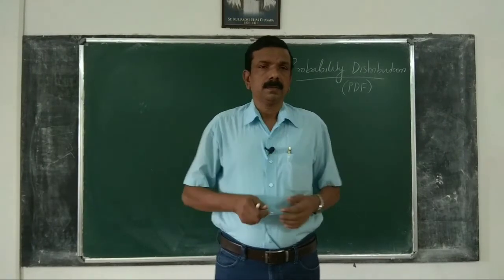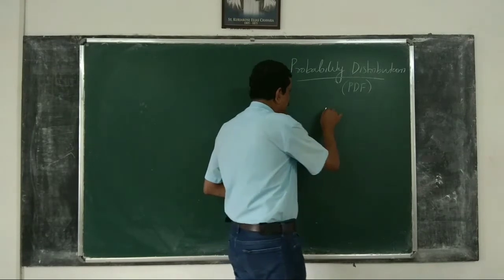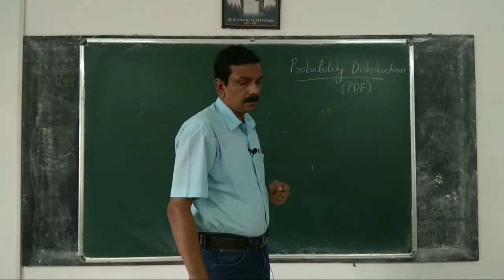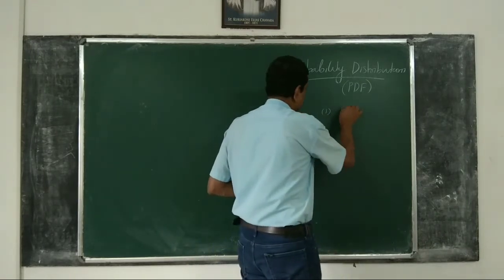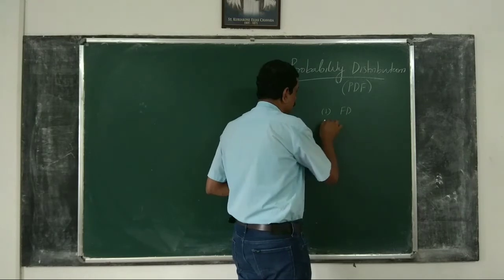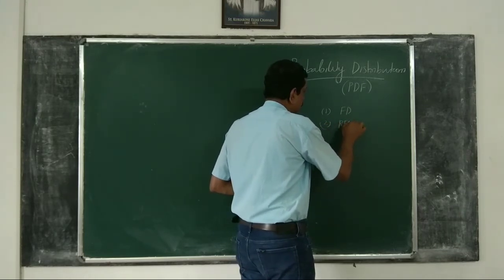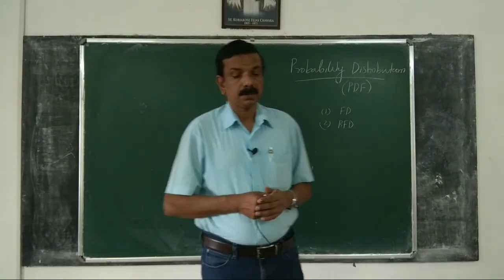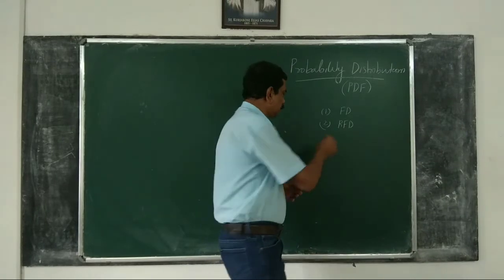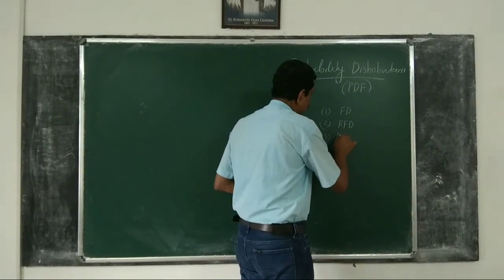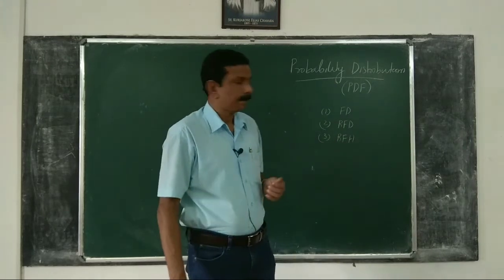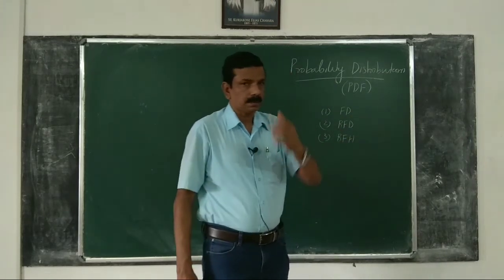Given any variable, we have a frequency distribution, a relative frequency distribution, and a relative frequency histogram, for a discrete random variable and also for a continuous random variable.